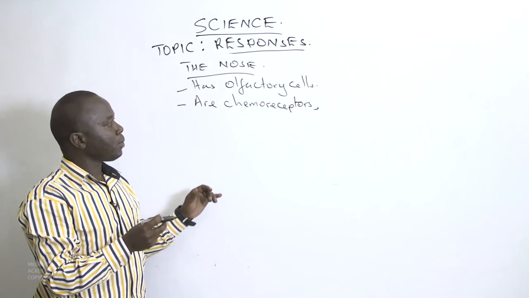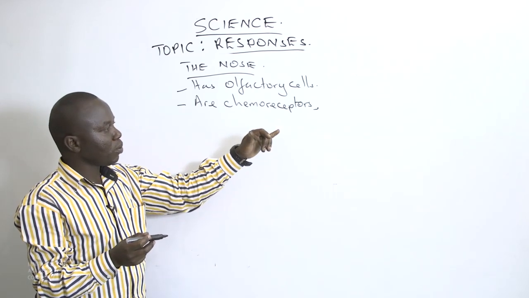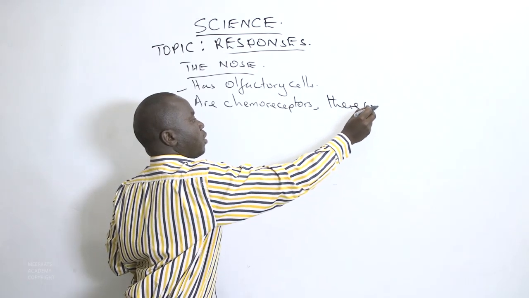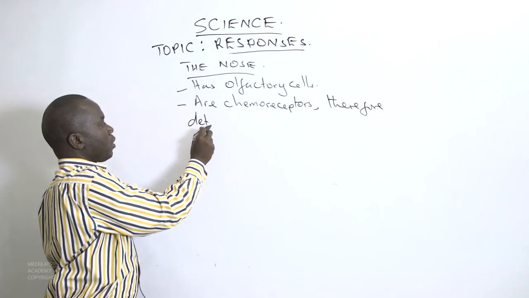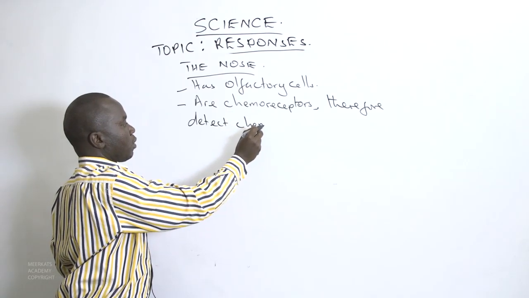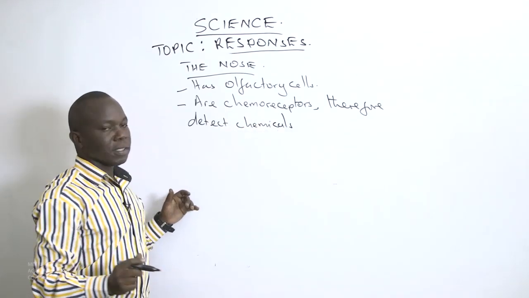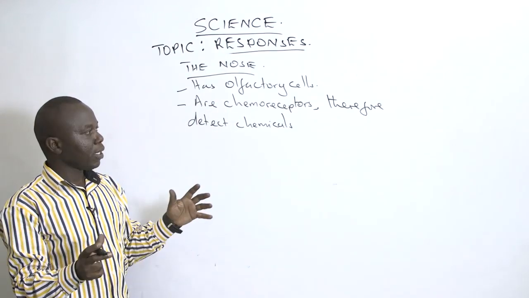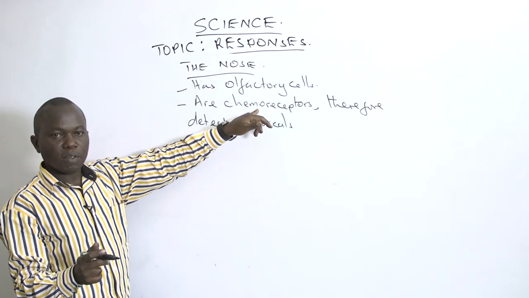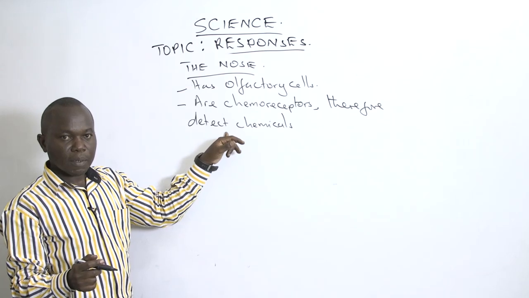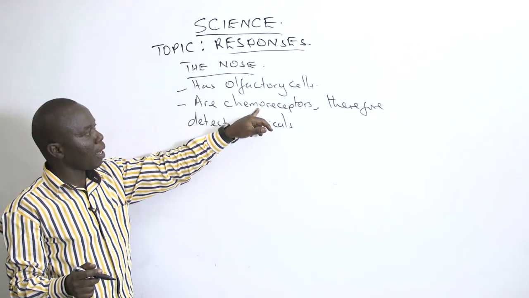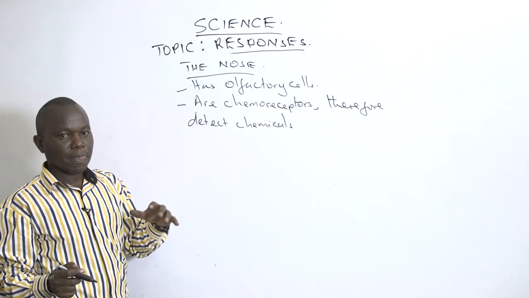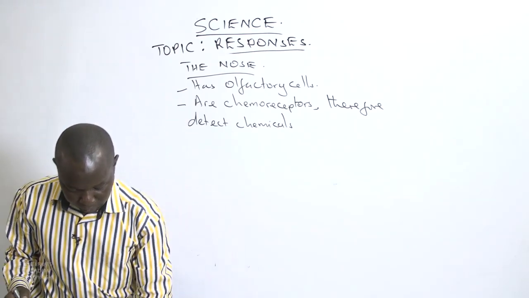And we have said chemoreceptors are those cells that are able to detect chemicals. So in essence, the nose and the taste buds or the tongue work hand in hand because both of them are able to detect presence of chemicals in the system. Chemoreceptors are present in the nasal cavity, and also chemoreceptors are present on the tongue.